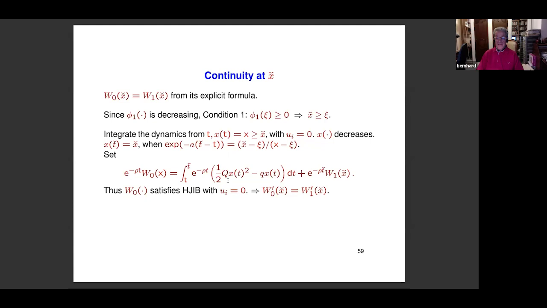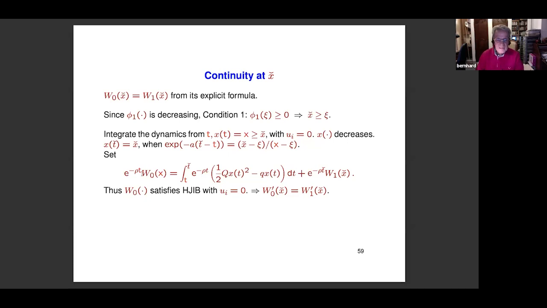And I integrated here only up to t stretch. So I add the value from t stretch to infinity, which is just this thing, e to the minus rho t stretch, W1 of x stretch. So this is exactly what I did, and it gives the function W0, which I showed.